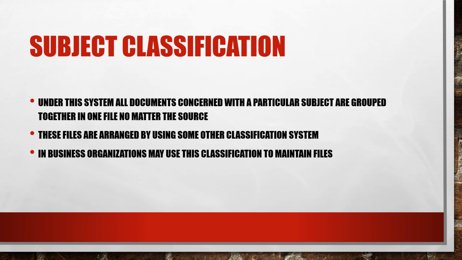One area may be billing, one area may be accounts payable, sorry. One category may be accounts receivable, one category may be petty cash. Whatever the subject is, this is a great system for small businesses to use on a day-to-day basis to maintain files.